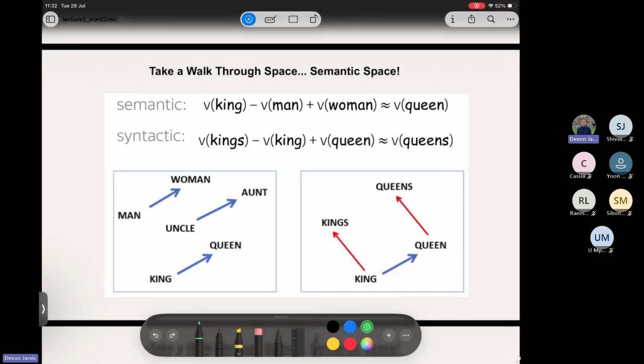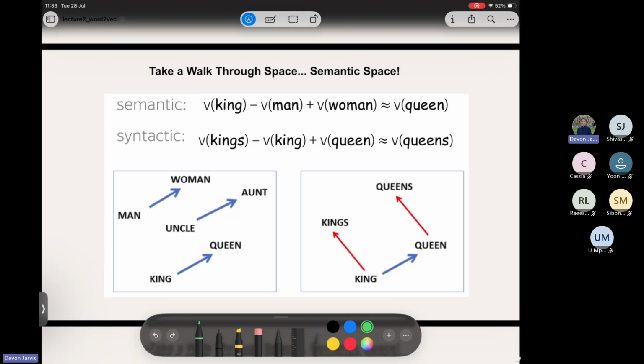Okay, so what does this mean? It means that this is actually encoding aspects like royalty and gender, and so it's starting to form that semantic space. This is why we call embeddings a semantic space, because those are semantic concepts. Not to put too much emphasis on what those semantics are, that comes from the data.